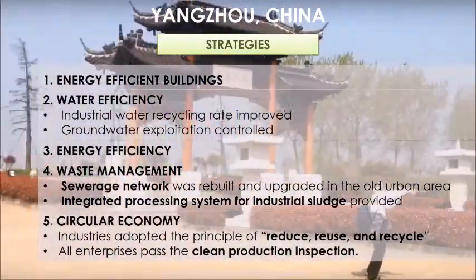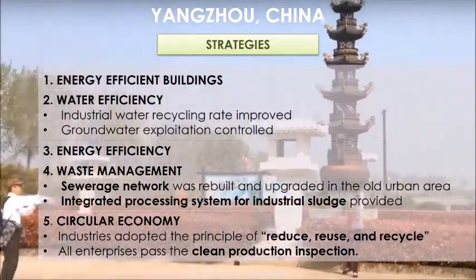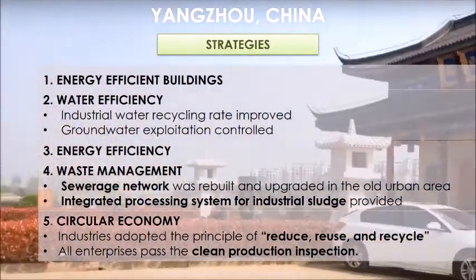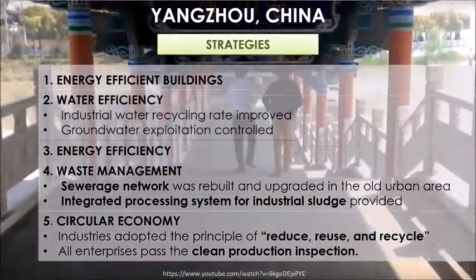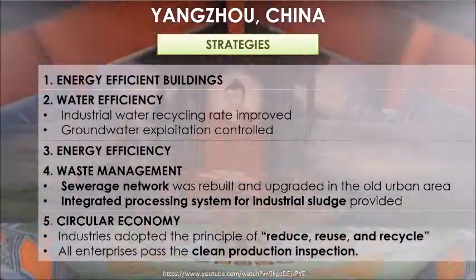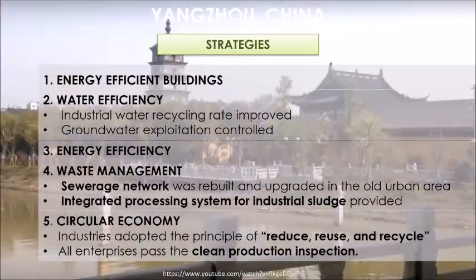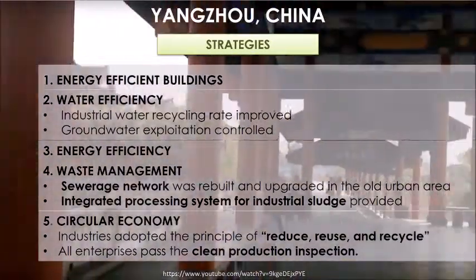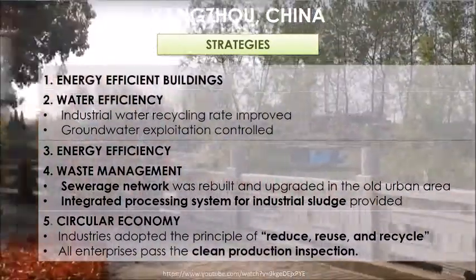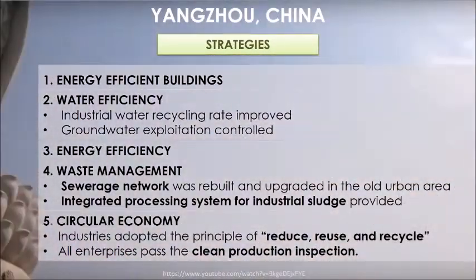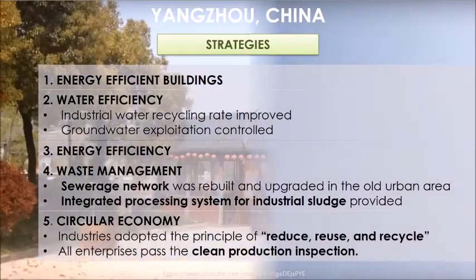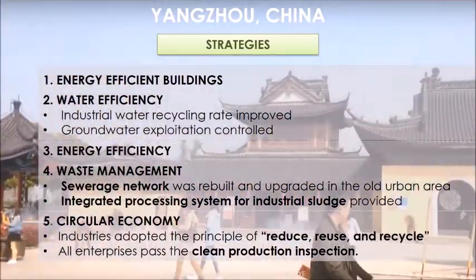Then they had a concept of circular economy, that is industries adopted the principle of reduce, reuse and recycle. So one industry's waste could be another industry's raw material. That is the circular economy. Then all enterprises passed the clean production inspection.